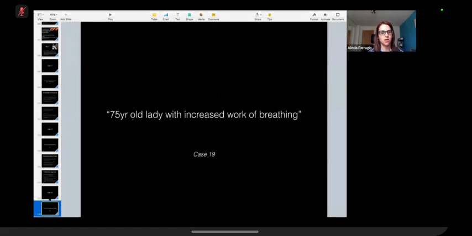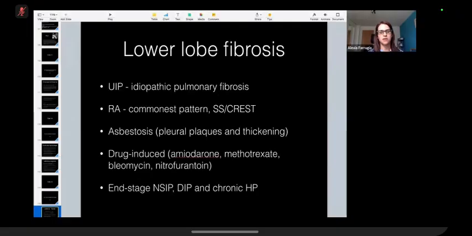So idiopathic pulmonary fibrosis is a diagnosis of exclusion, actually. You can see a UIP pattern in several other conditions, such as rheumatoid arthritis, which is the commonest, systemic sclerosis or CREST syndrome, as you rightly said. Look for evidence of asbestosis, pleural plaques, pleural thickening.